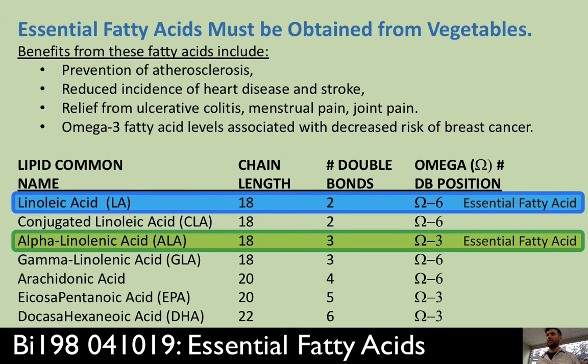That's what atherosclerosis is: athero just means blood vessels, sclerosis, hardening of your arteries. Having a diet rich in linolenic and linoleic acid, you're going to have a reduced incidence of stroke and heart disease because you have a reduction in atherosclerosis.